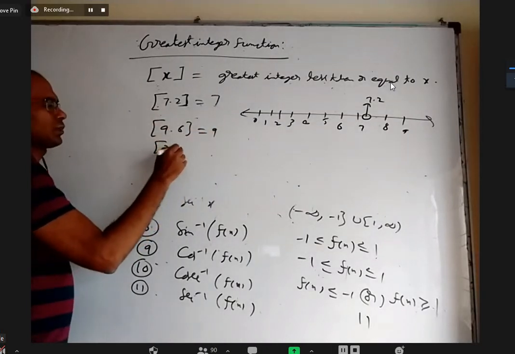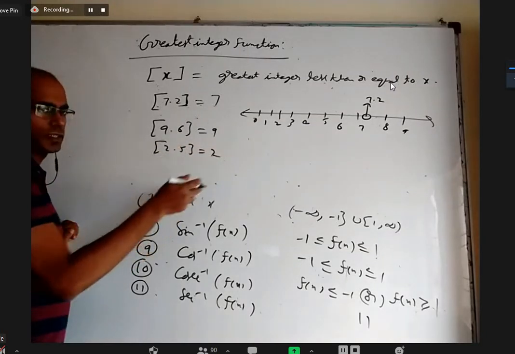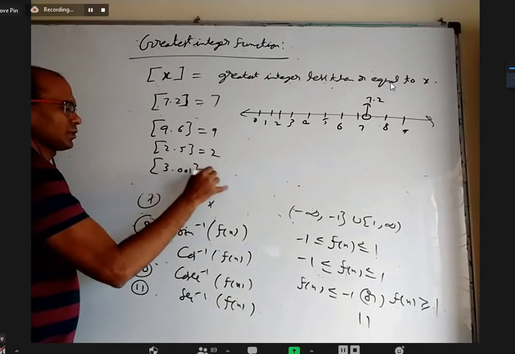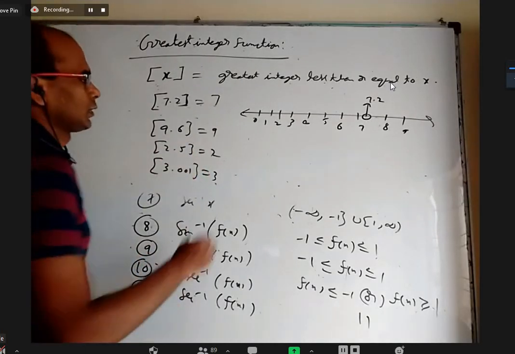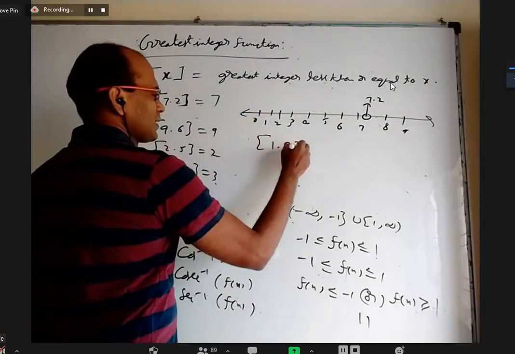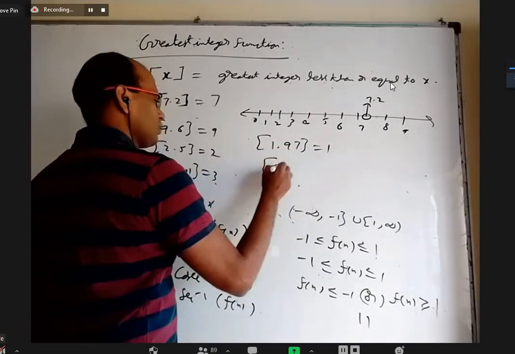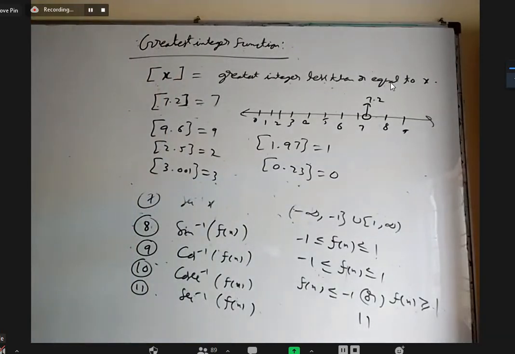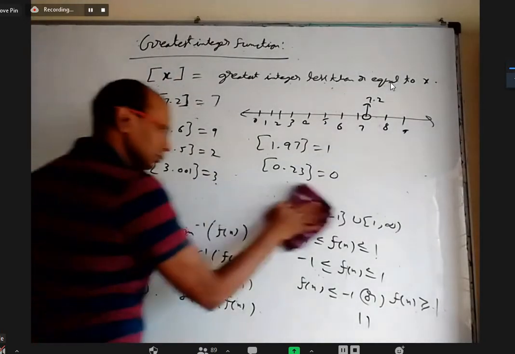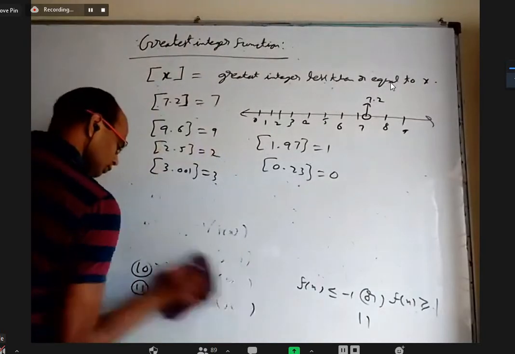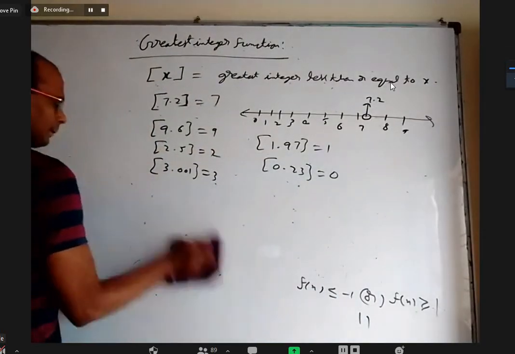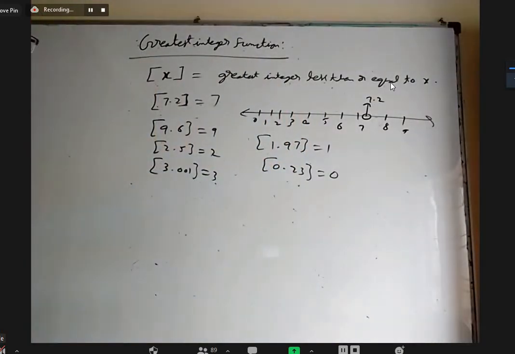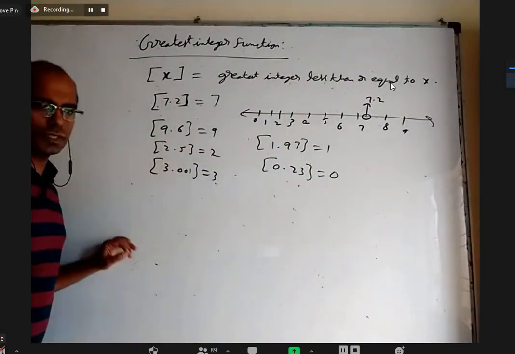If somebody wants the integer part of 2.5, greatest integer is 2. If somebody wants 3.001, it is simply 3. If somebody wants 1.97, it will be 1. If somebody wants 0.23, it is 0. So just after the decimal, whatever is there, you can forget about it.